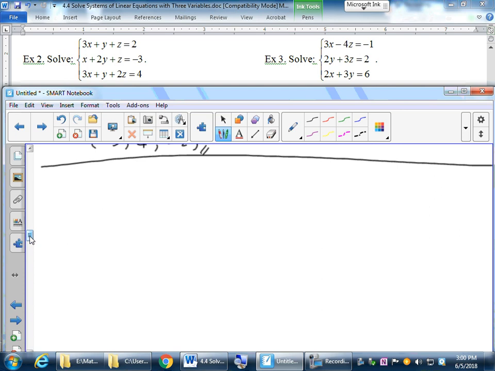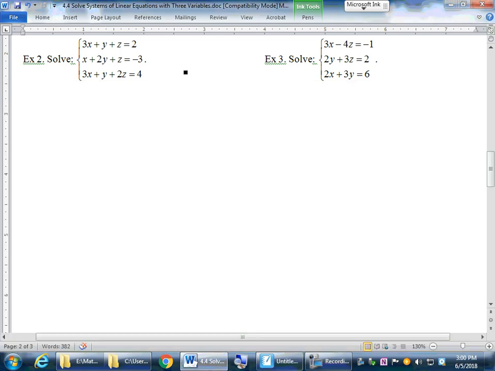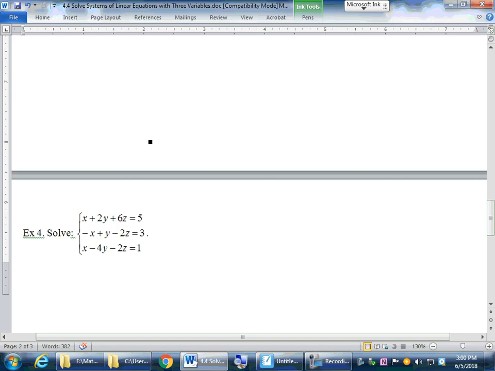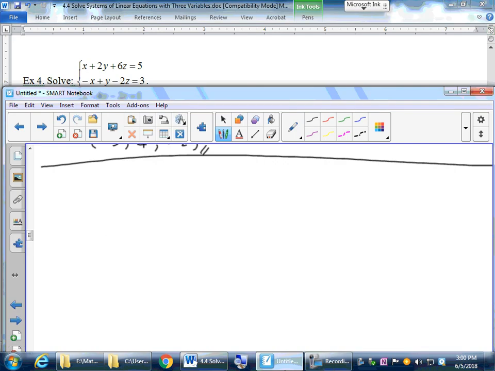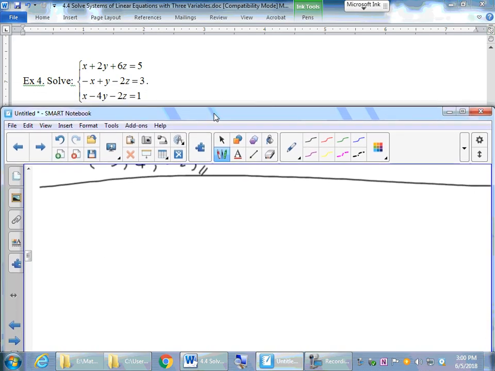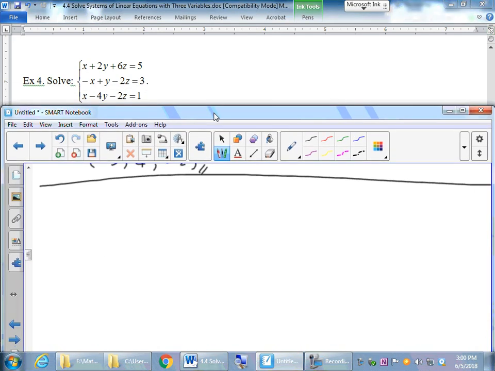Okay. So let's take a look at example 4. Oh, this one is nicely done because I can see that if I choose equation 1 and 2, I can eliminate x, and 1 and 2 and 3, I can also eliminate x.